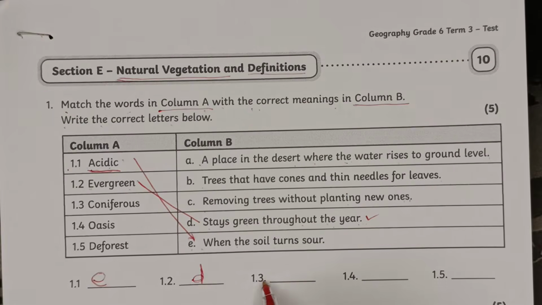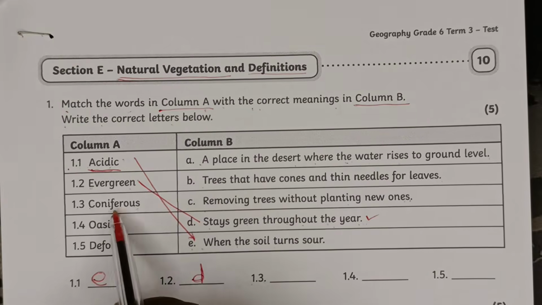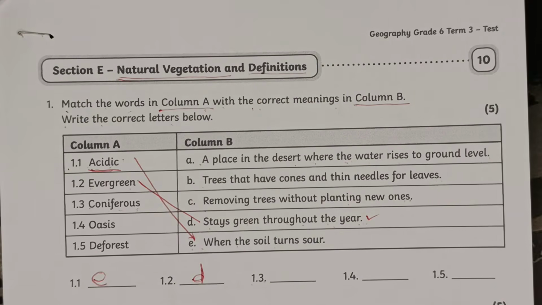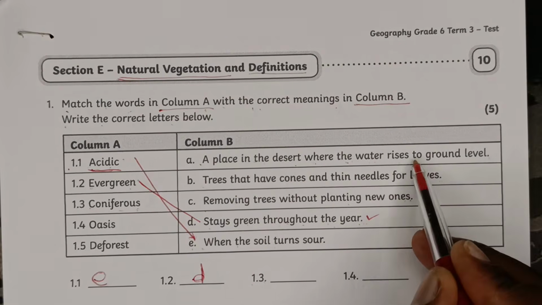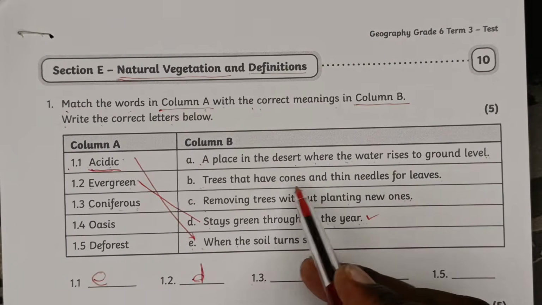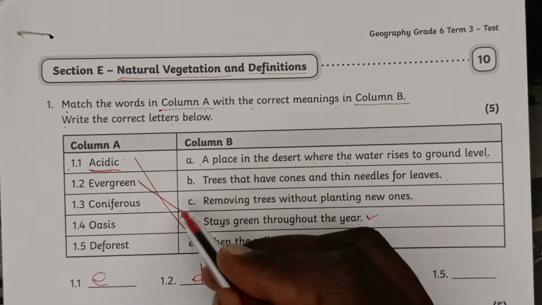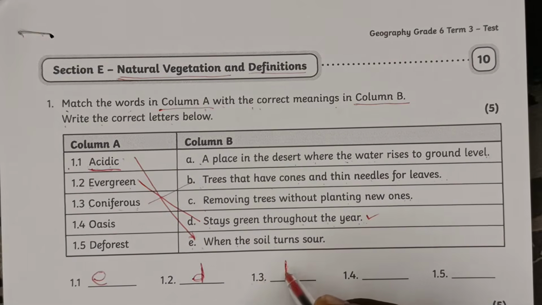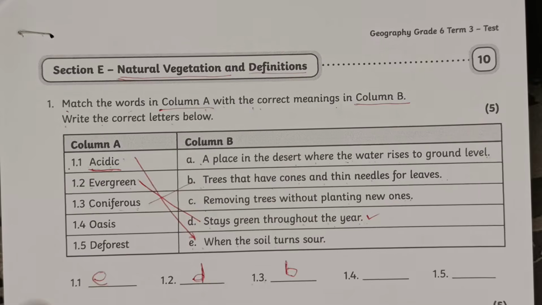All right, 1.3. Coniferous. What does the word coniferous mean? Does it mean a place in the desert where the water rises to the ground level? No. Does it mean trees that have cones and thin needles for leaves? Yes. So those are coniferous. So 1.3 is B. Then we come to 1.4.